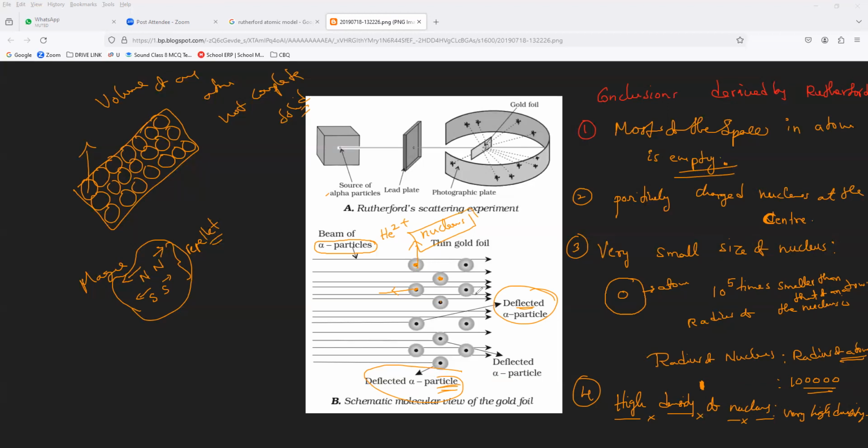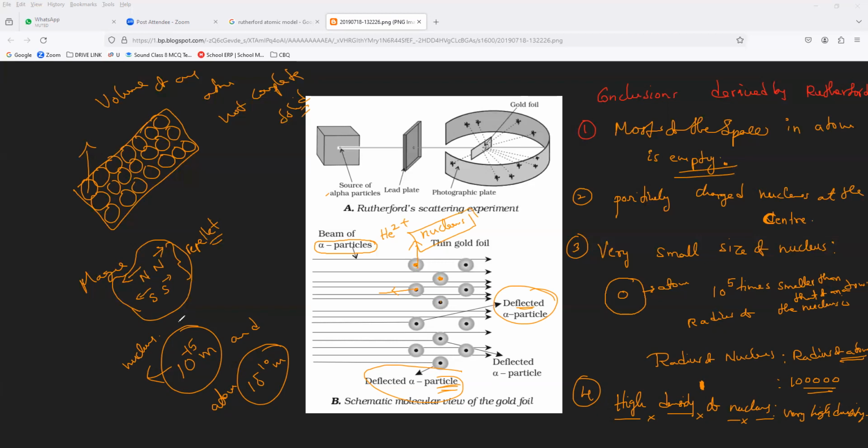And again, remember, it has been found experimentally that the size of the nucleus is 10 power minus 15 meters, and the size of the atom is 10 power minus 10 meters. This is the size of the atom, and this is the size of the nucleus. So it has been proved that the rebounding of alpha particles does not allow them to pass through.